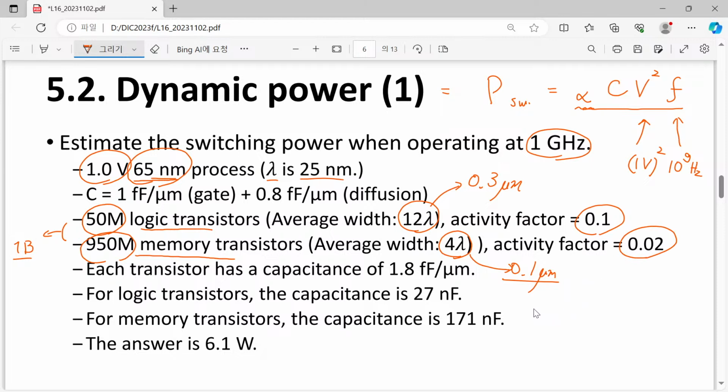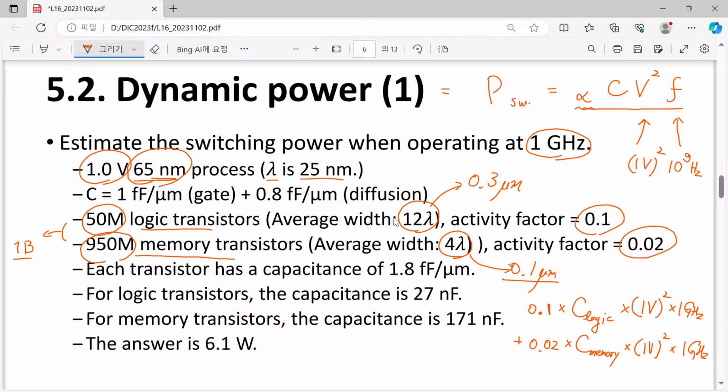So in order to calculate this, we must calculate its activity factor for logic times the capacitance for all logic transistors, times 1 volt squared and 1 gigahertz, so 10 to the 9 hertz, plus another term for the memory device, given by 0.02 times C contributed from all memory devices, with the same 1 volt squared and 1 gigahertz.